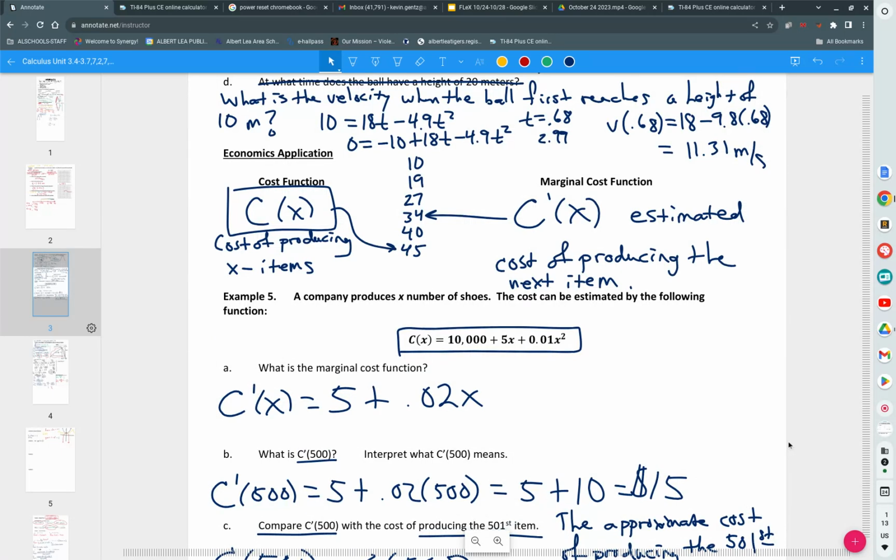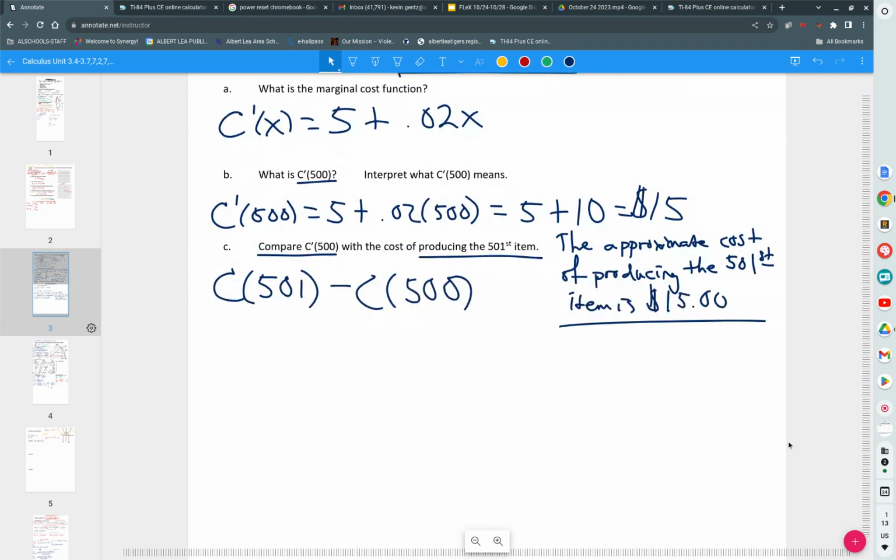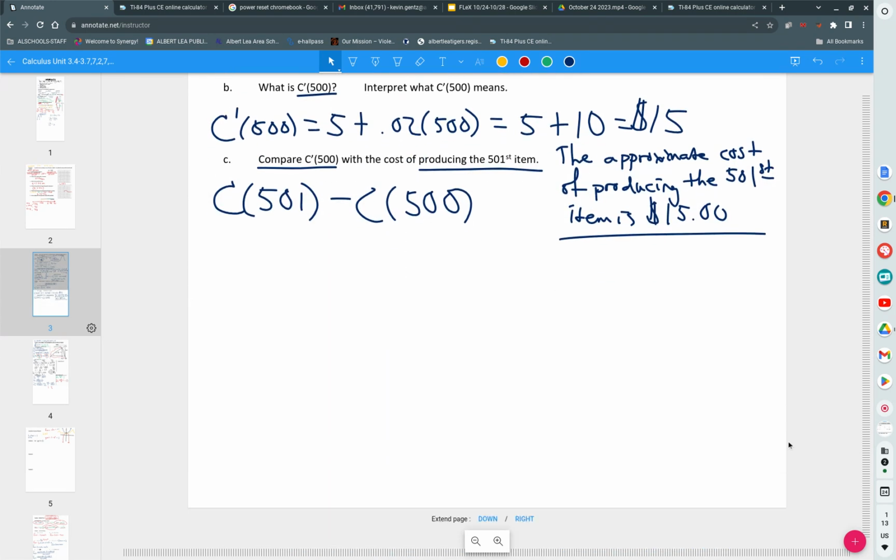See how this is 40 and this is 45? The total cost was 45, the total cost was 40. So what was the cost to produce that next item? $5. I found that total cost and that total cost, and I subtract them. Everybody see that?